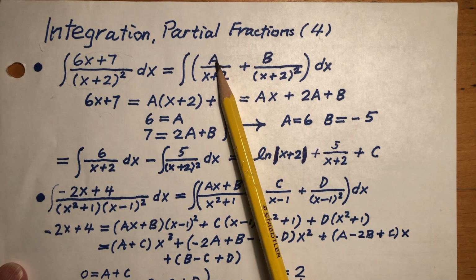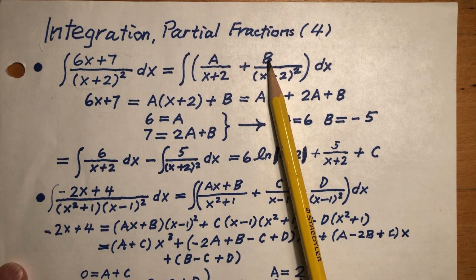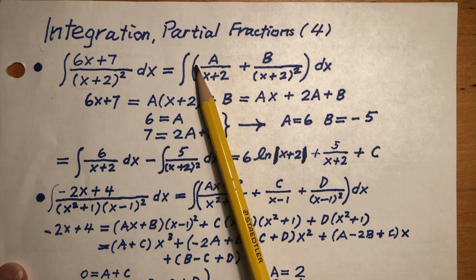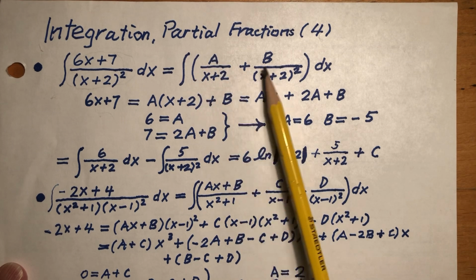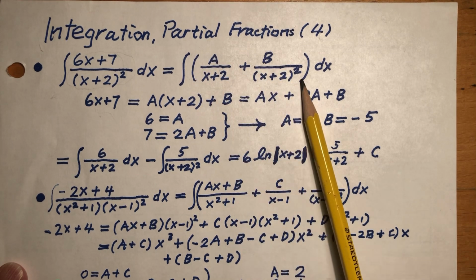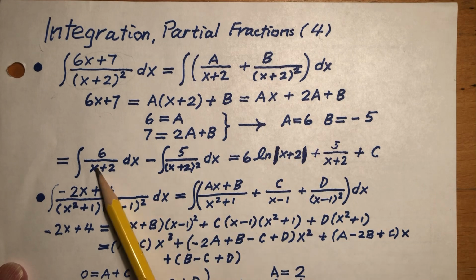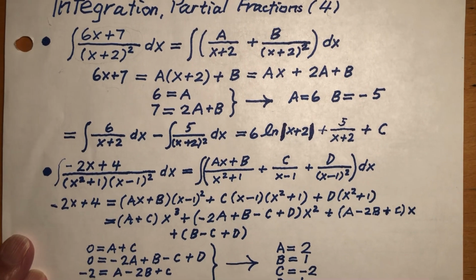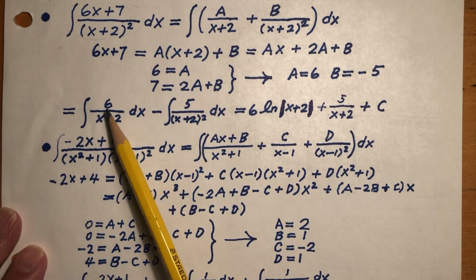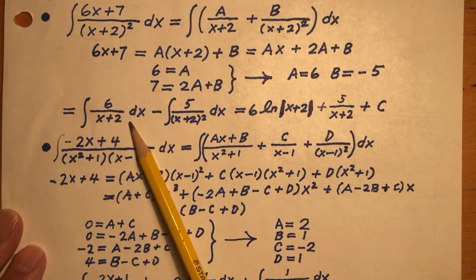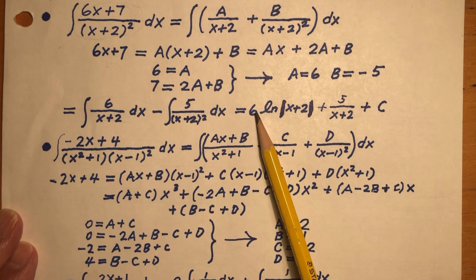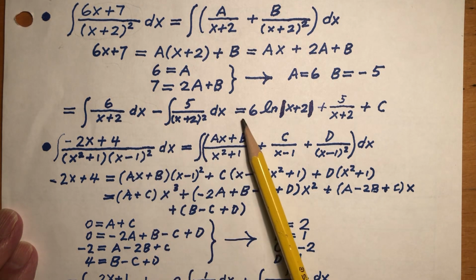Now I put 6 here and -5 here. I separate the integration into two integrations. The integration this part and integration this part. Two integrations. This part, the result of integration is a logarithm function. 6 is a constant.